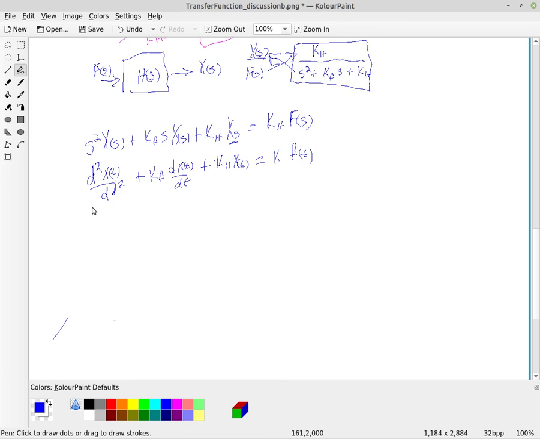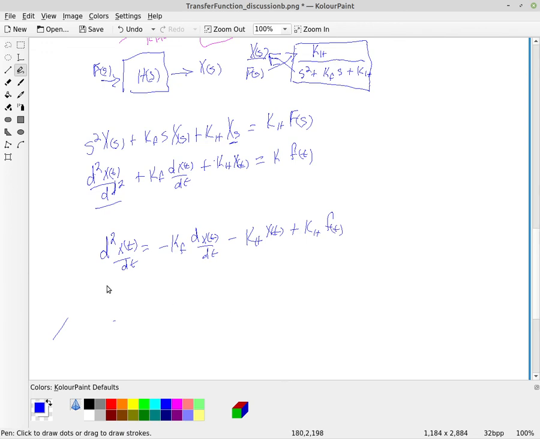So now we're going to solve for the acceleration term. We've got d squared x(t)/dt squared is equal to minus my friction term, minus my Hooke's law term, plus the forcing function.